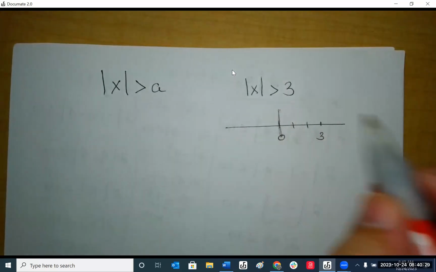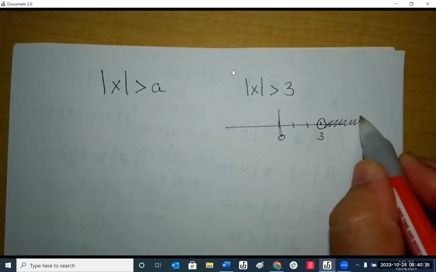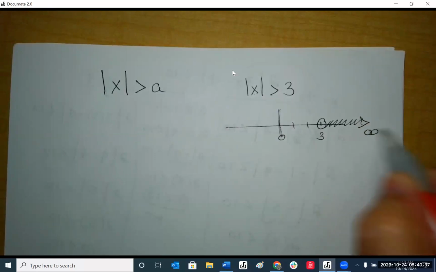Remember, it's from 0. So we put an open circle at 3, and x is greater than 3. So it goes this way to positive infinity.